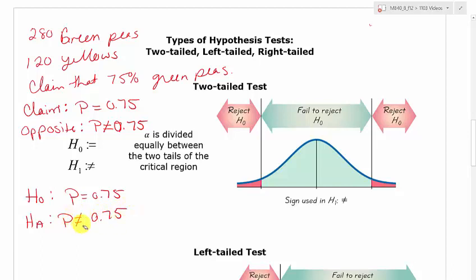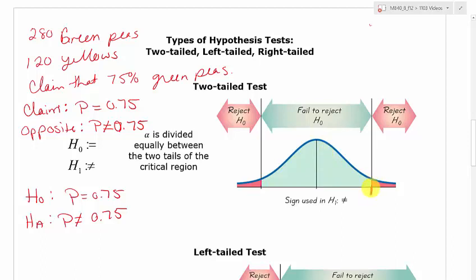Whenever you have not equal to in your alternative, it's a two-tailed test. So here is a picture of a two-tailed test. If the test statistic that you calculate falls in this red area, we would reject the null. If it falls in the green area, we would fail to reject the null.